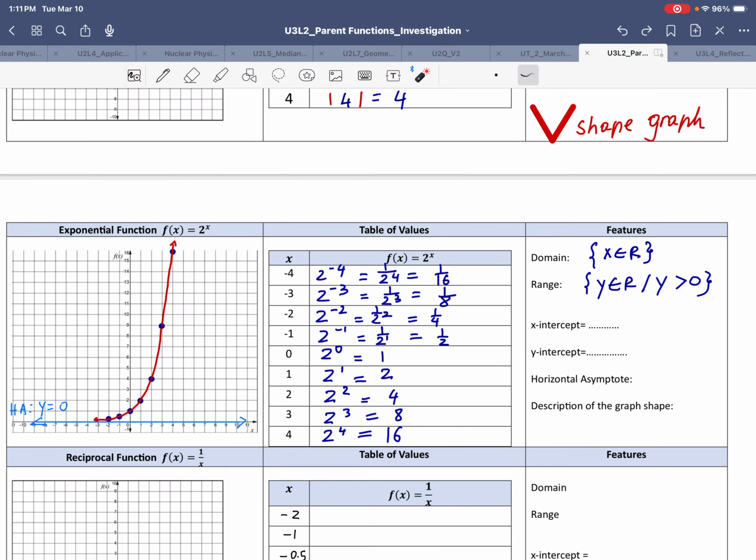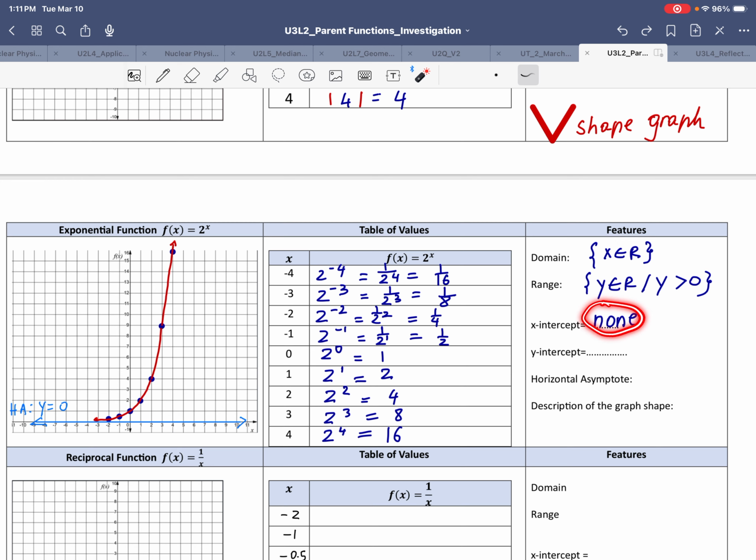The way we label asymptotes is by their equations, and in this case we have a horizontal asymptote with equation y equals 0. Now, because the asymptote is on the x-axis, the function does not have an x-intercept, so we're going to write none for this.